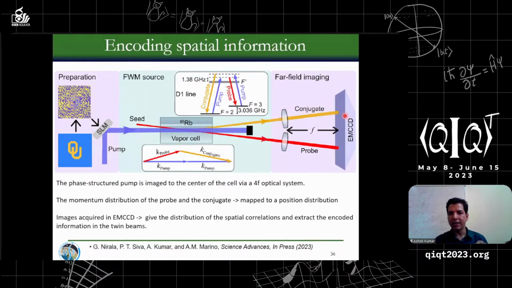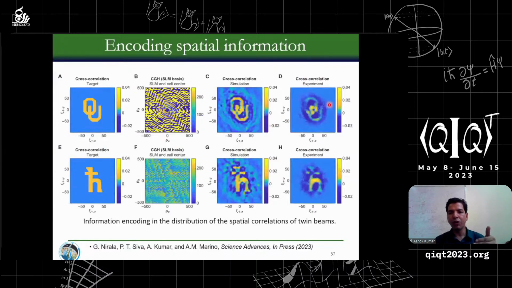If you look at just their DC profile, just their images, you don't see any pattern. But if you do the cross correlation measurement between these twin beams, then you can see the encoded pattern.